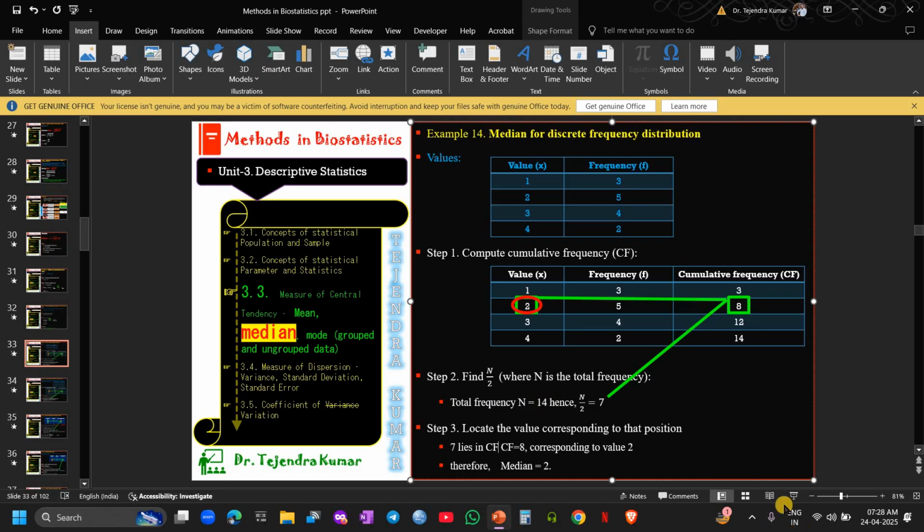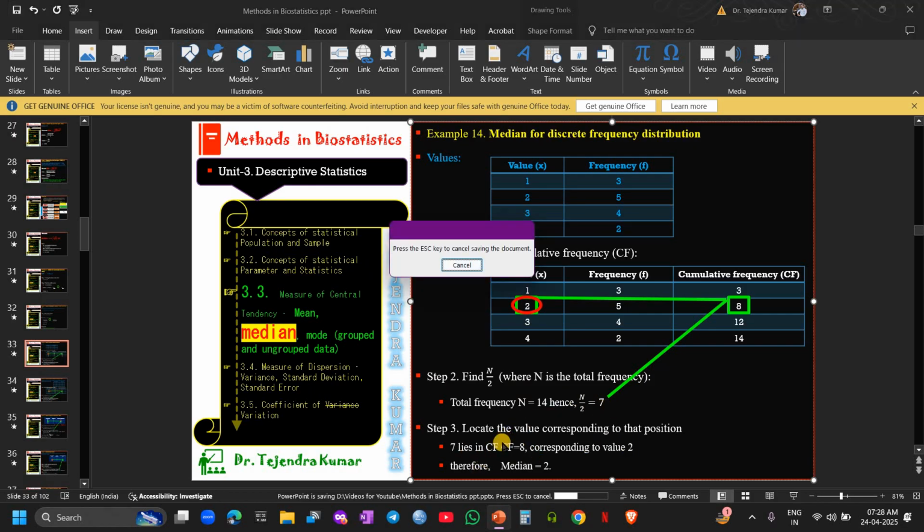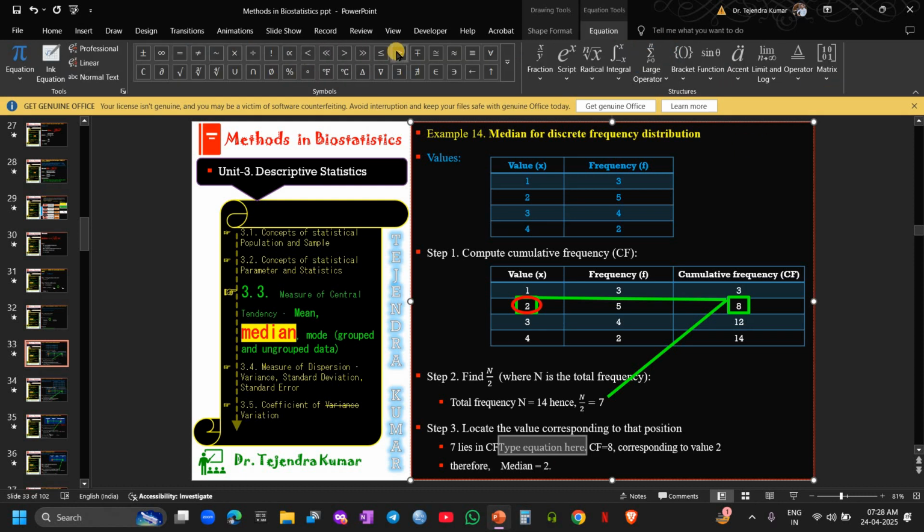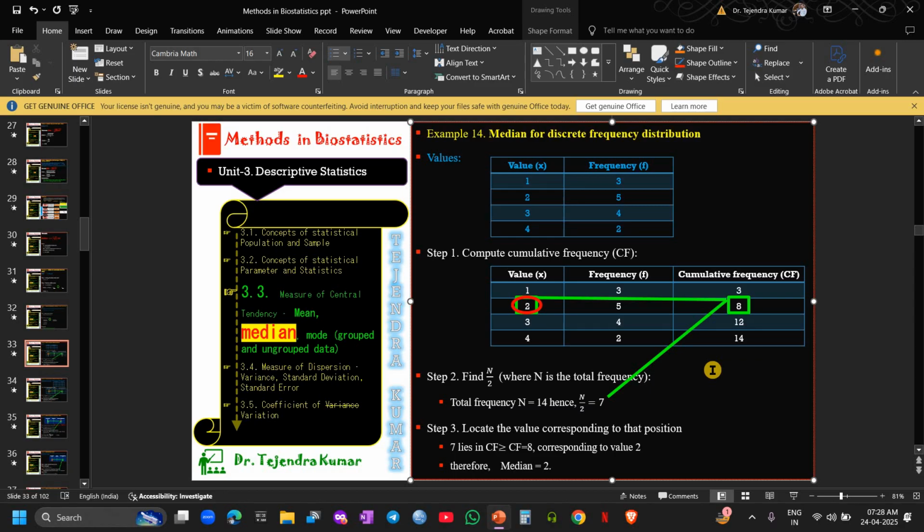If CF is greater than or equal to the value found in step 2.